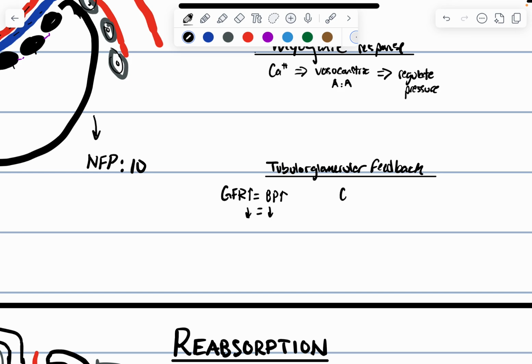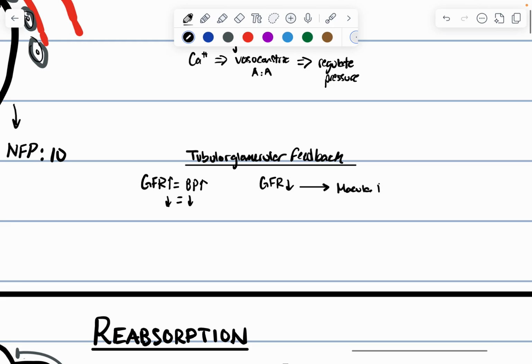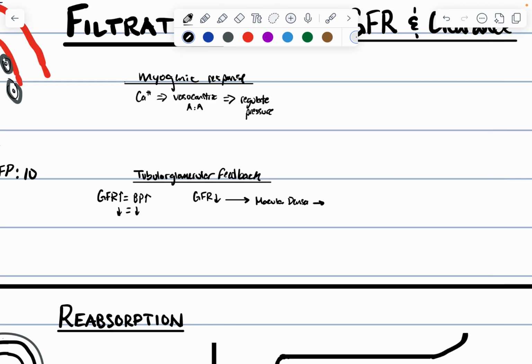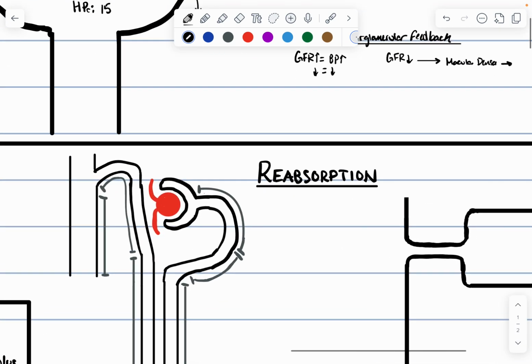And so if our GFR is down, meaning our blood pressure is low, we have macula densa cells, which we're going to get to later. Macula densa cells are down at the end of the distal tubule. Our macula densa cells are going to see that our GFR is down. So I guess you can look right here. Our macula densa cells are going to be about right here. And so if our blood pressure is down, they're going to notice that.